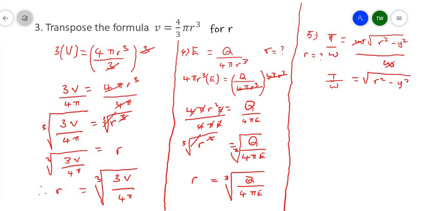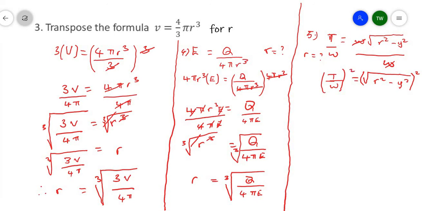Now, here, we need to get rid of the square root sign. How can we get rid of the square root sign? By doing the opposite, which is to square both sides. So we're going to square this side. We're also going to square this side.